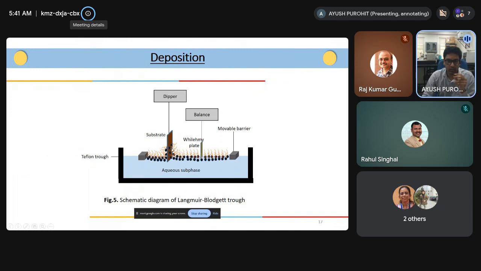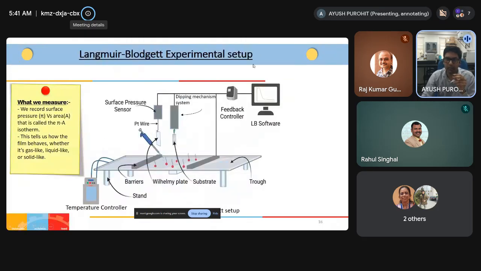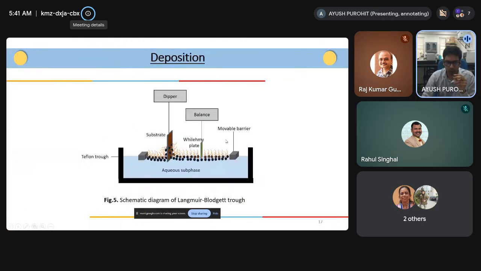Here we use the substrate horizontally, and by using this feedback mechanism, we can control the barrier compression and expansion, like 1 per minute or 5 per minute of deposition.